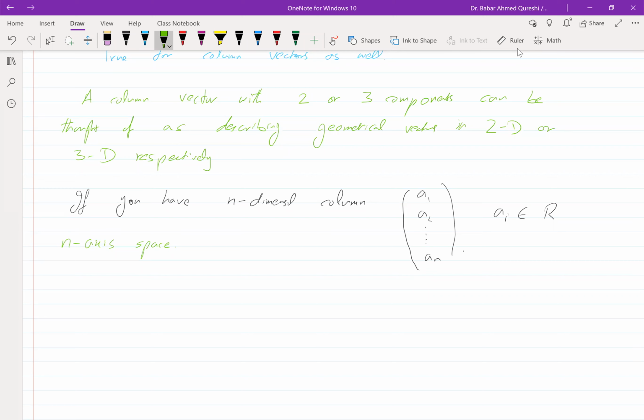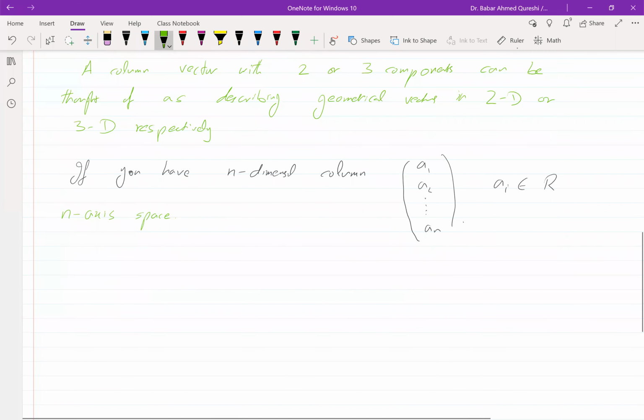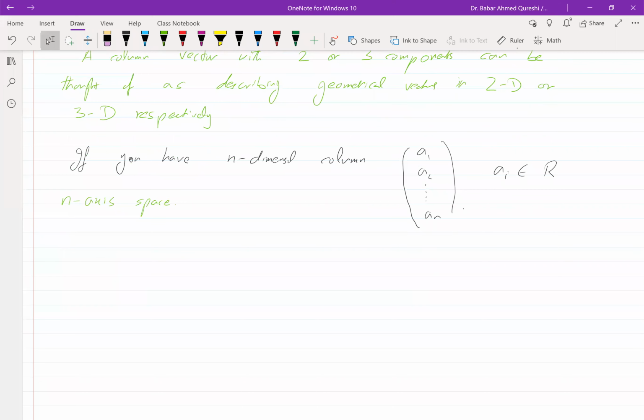Since the space we live in is 3-dimensional, we cannot really imagine in our mind more dimensions, but we can deal with them very easily. We are just using the same rules which we were using for 2 and 3 dimensions, and we just imagine that you have a higher dimensional space now. So this space would be called R^n, where you have n axes.